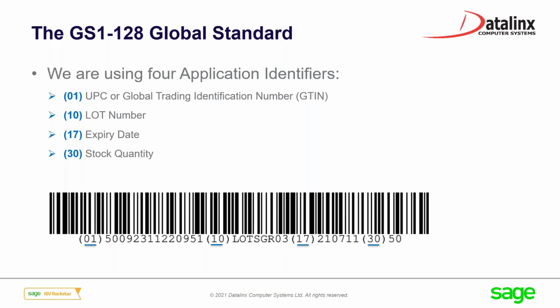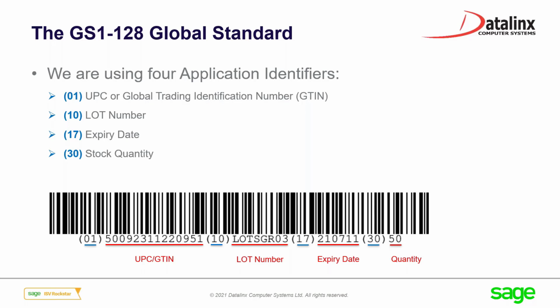And these application identifiers are very much in line with the kinds of stock that we would typically process using Warehouse Manager. But not only can we see the identifiers, we can also see their associated data values. And note that the brackets around the identifiers are only human readable and not part of the barcode itself.